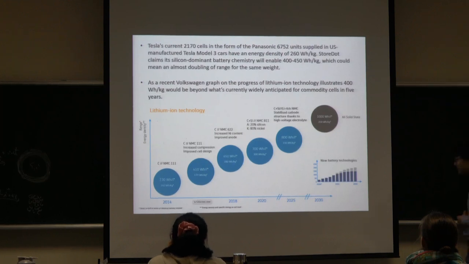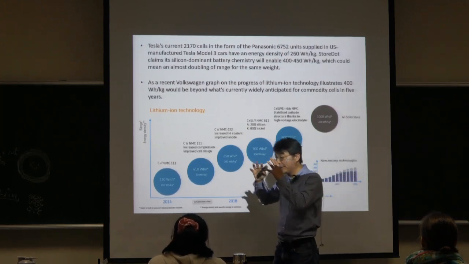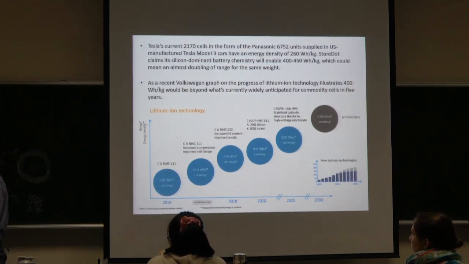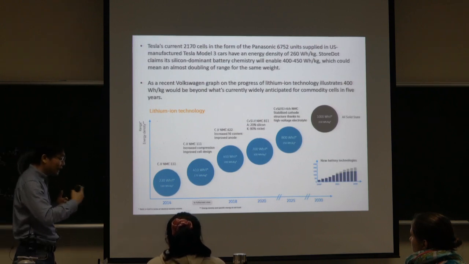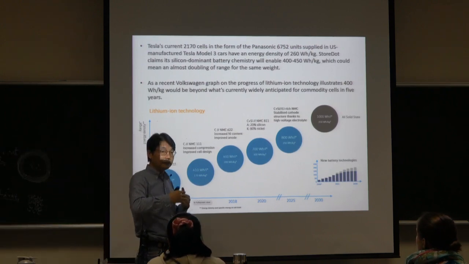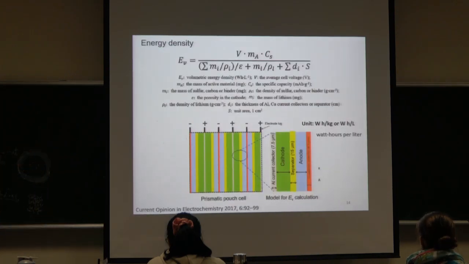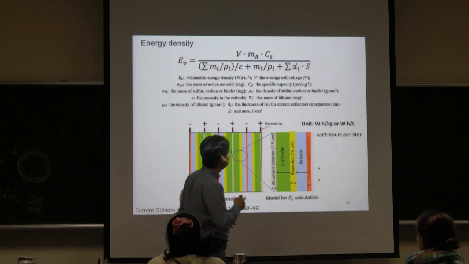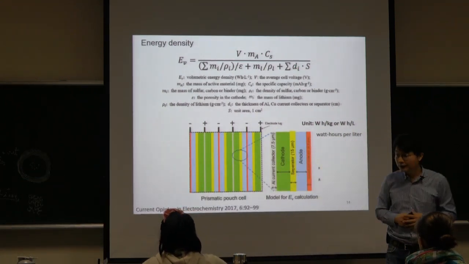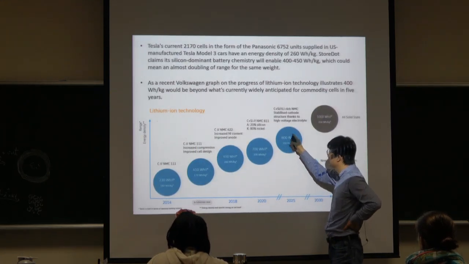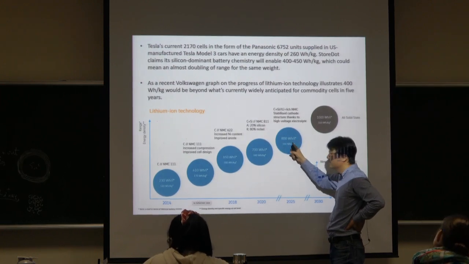Because if we get a higher energy density, that means the electric car can charge one time and then maintain a longer distance. Okay, now let's calculate the energy density. So what is the energy density? If you look at this equation, the energy density can be by unit volume or by weight, right?